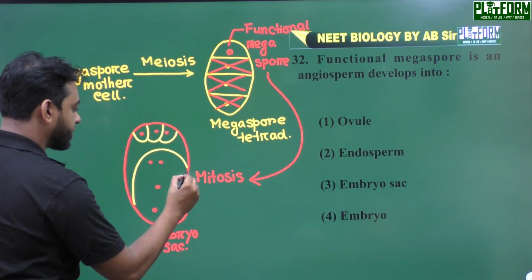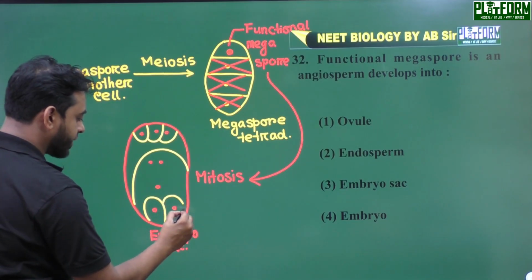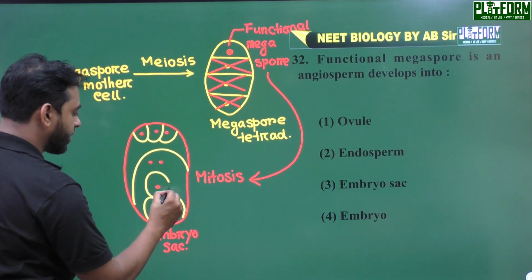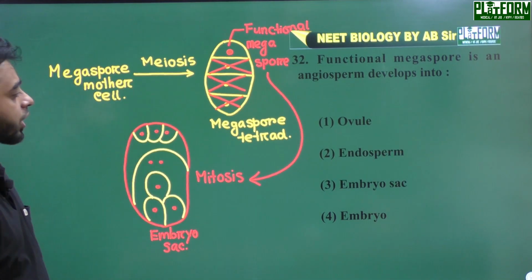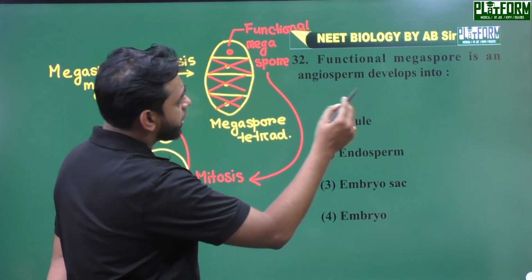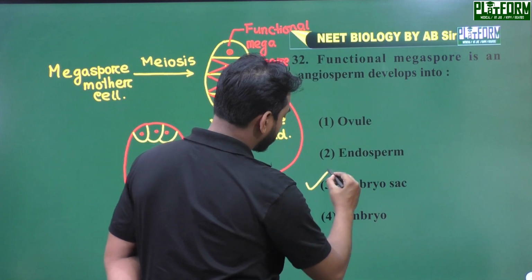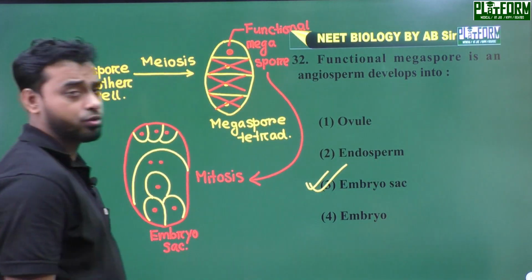This one is a central cell, and you know that these are the synergids, and this one is an egg. So the correct answer will be: the functional megaspore in angiosperms develops into the embryo sac.